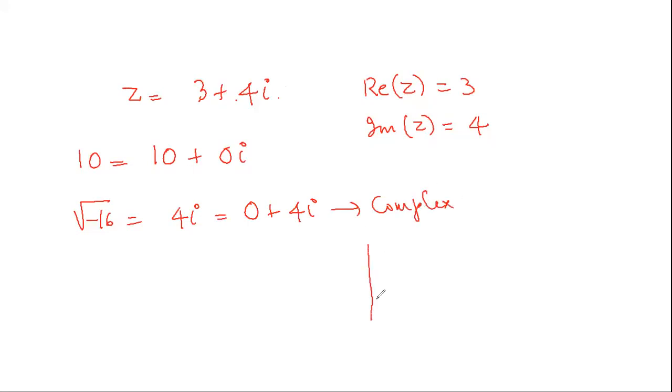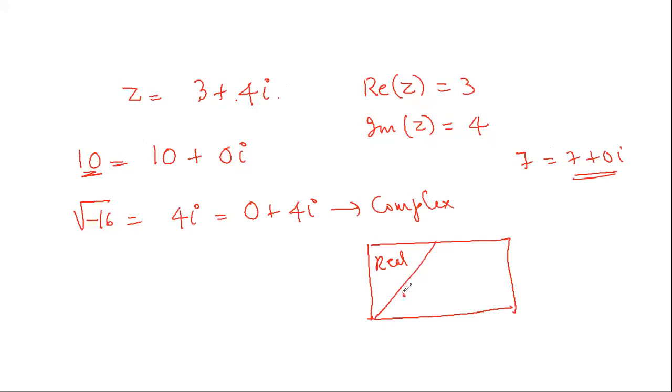So the whole set of complex numbers has three parts. All real numbers are complex numbers, because you tell me a real number, 7, it can be written as 7 plus 0i. So we have real numbers, we have imaginary numbers, and we have pure complex numbers. What is a pure complex number?